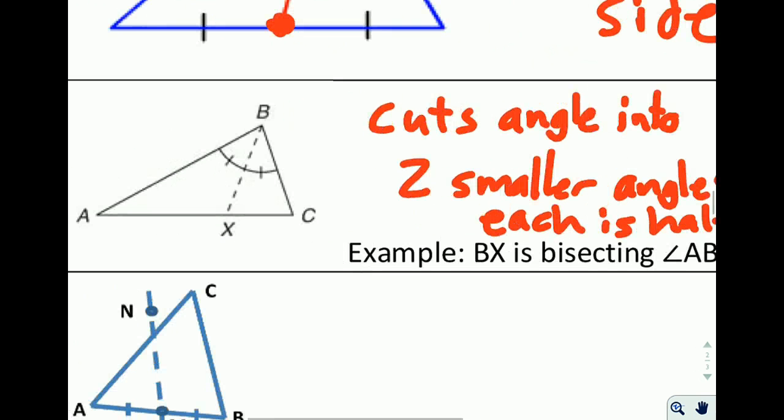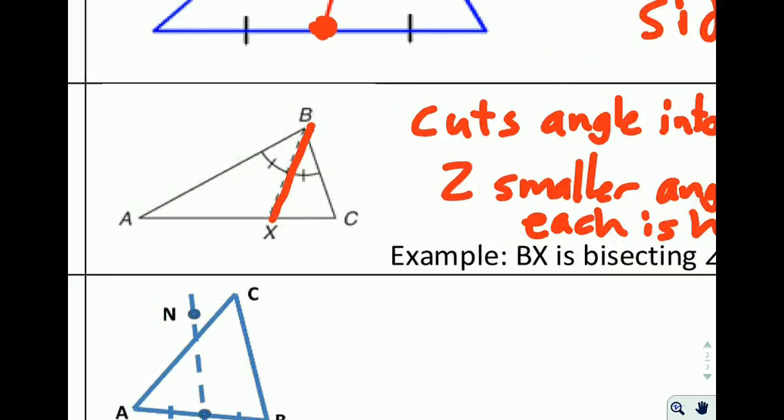So, for example, this bisector right here, BX, is cutting angle CBA into two equal angles. One of them here, CBX, the other one, ABX. So those two angles are each equal to each other and they are each half of the original measure.